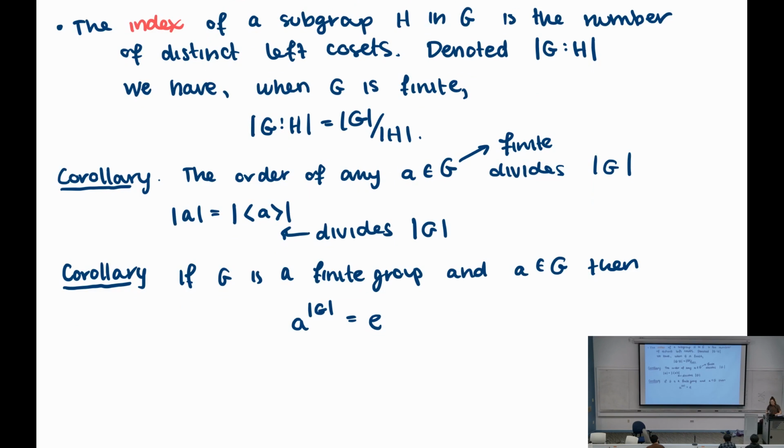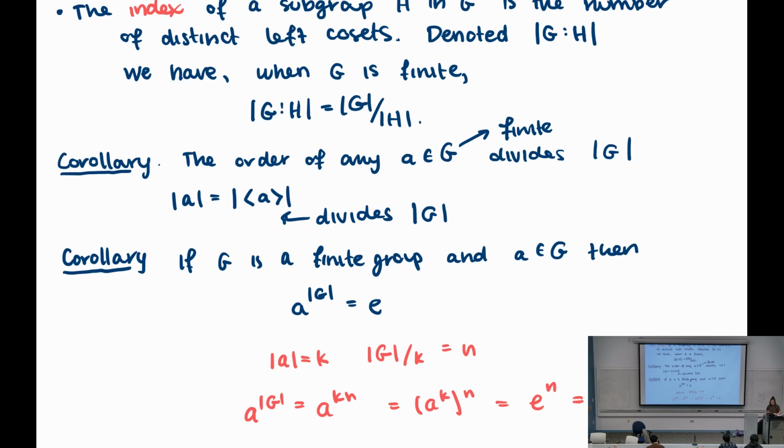And why is this? We know that the order of A divides the order of G, so let's say the order of A is equal to K, and then the order of G over K, let's say this is N. So then A raised to the order of G is equal to A to the Kn, which is A to the K to the N, and A to the K is just the identity.